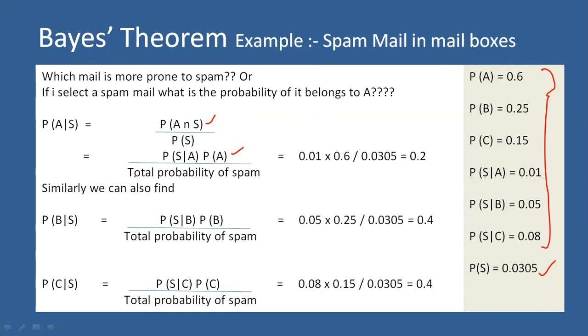And the denominator is the total probability of spam that we calculated, P of S, which is 0.03. And now the probability of A given S is 0.2.